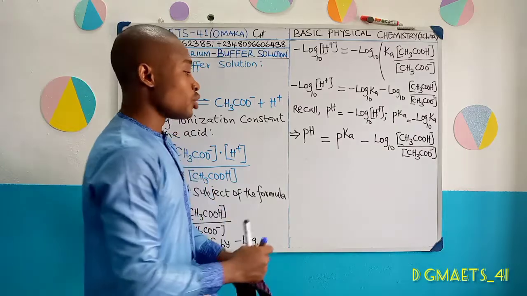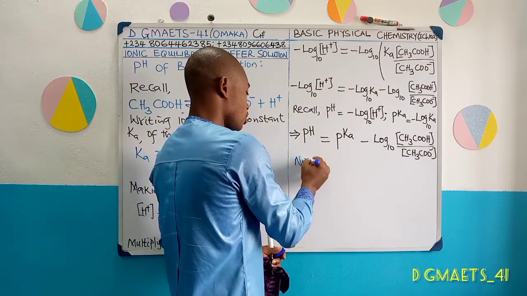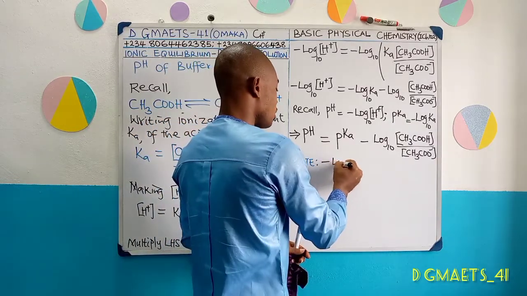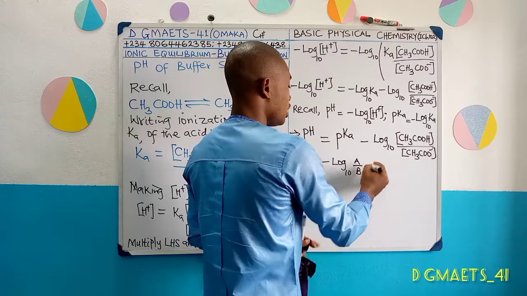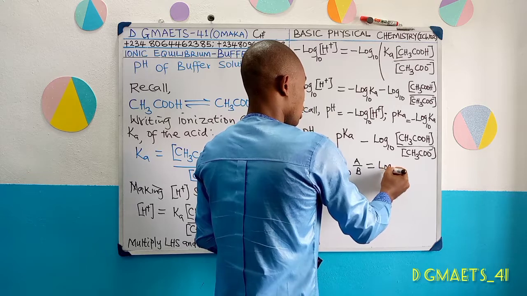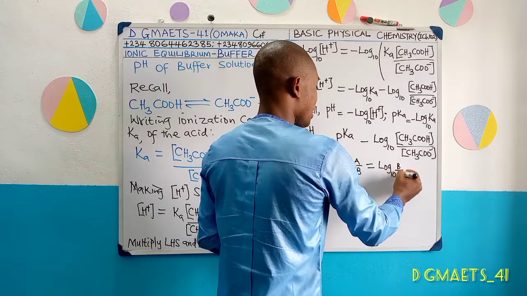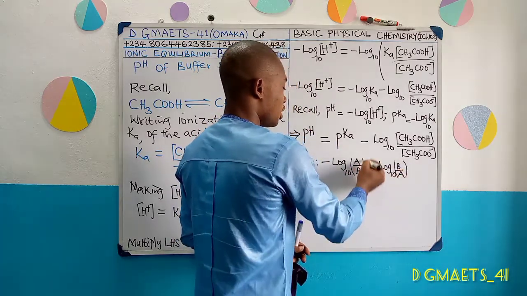Now e get wetin I go do. Note, I wan do something. If I give you minus log base 10 of A divided by B, this one dey the same as log base 10 of B over A. You see wetin I do here?